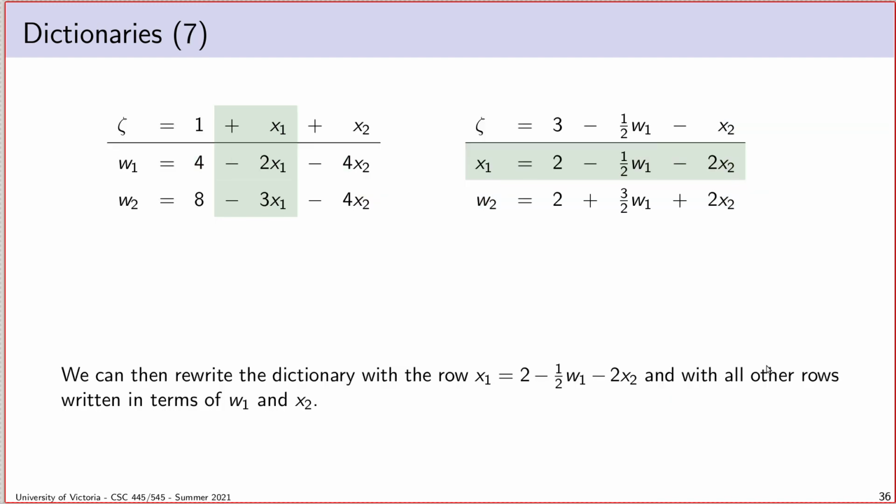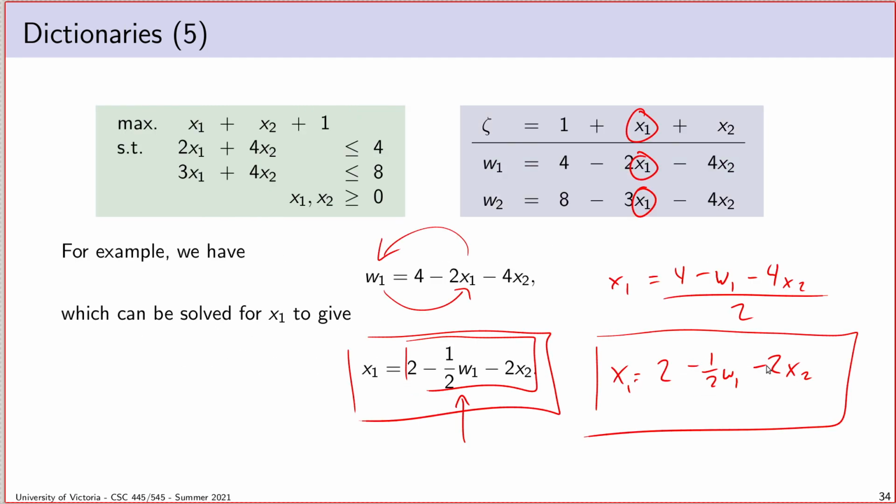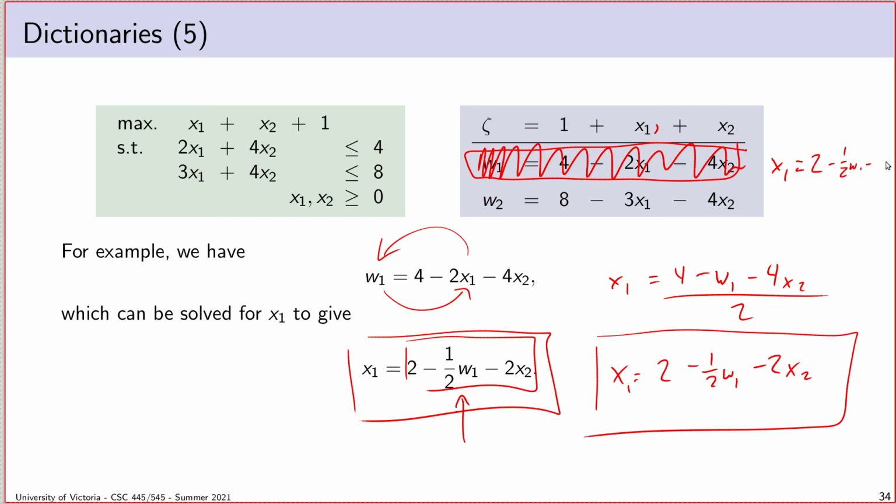And then I notice that I previously had this whole column that used x1. And I took this row and I rewrote it in terms of what x1 actually equals. So I took this row and I rewrote it to be x1 equals 2 minus 1 half w1 minus 2x2. Back to what I had before, w1 got a row to itself, but now I've written that row in terms of x1.